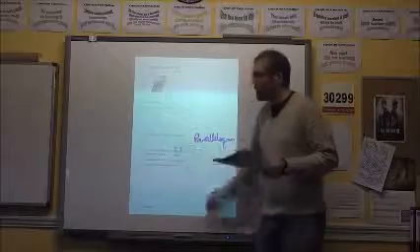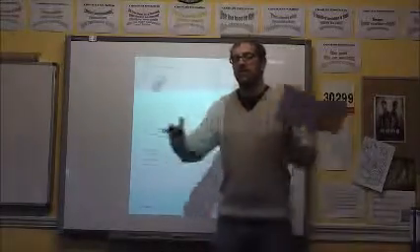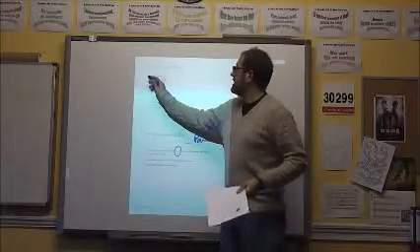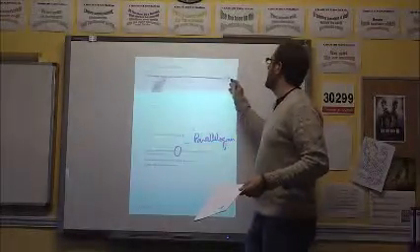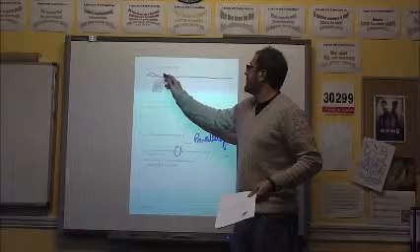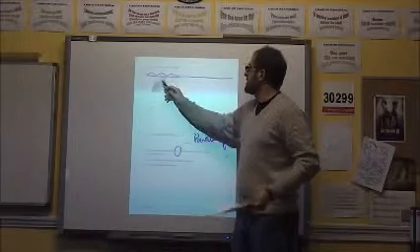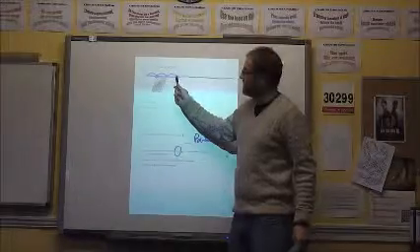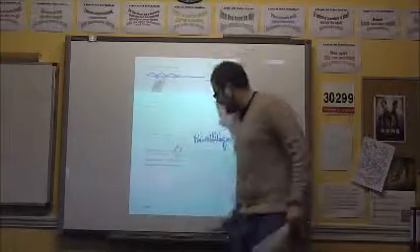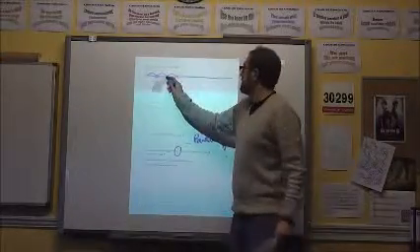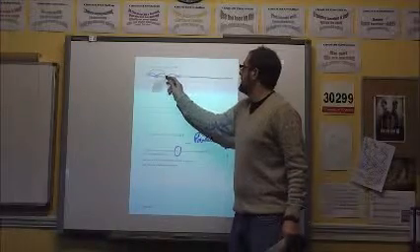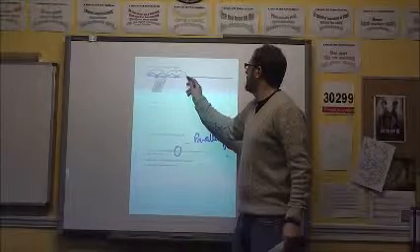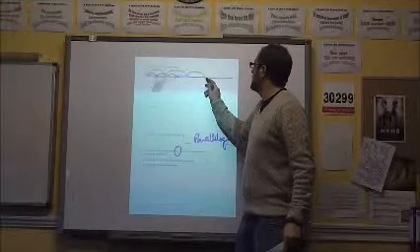Right, we're going to do scale factor 3, which means everything is 3 times longer. So from P, draw your line out, and then it's going to be 3 times the distance. So this point goes to here, and this point, 1, 2, 3.